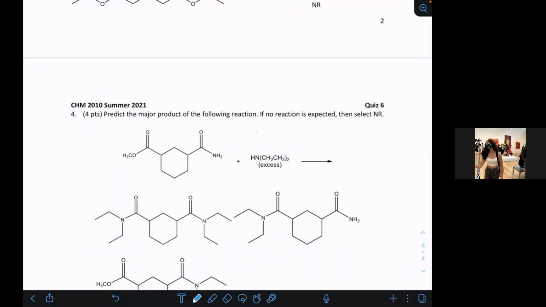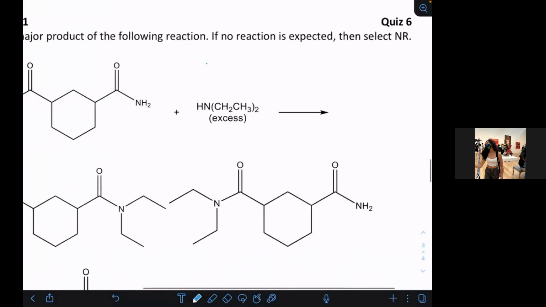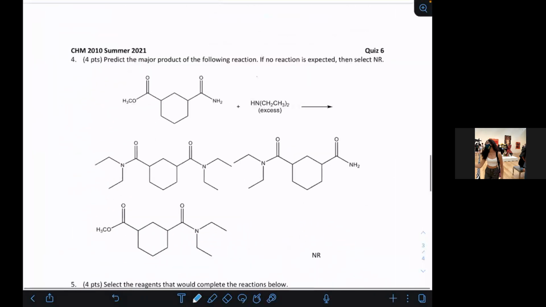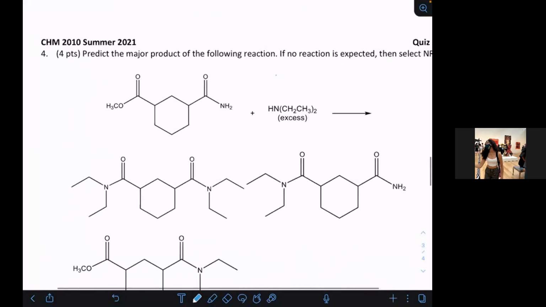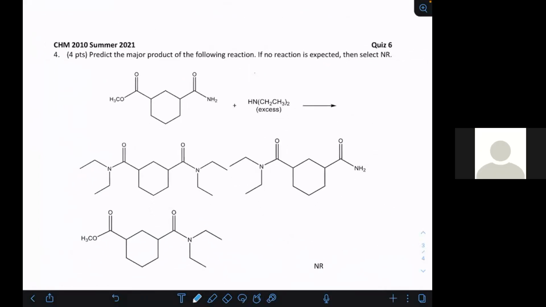This one, I nearly thought was going to be one of the acid-base reactions, but I'm not sure. That's an amine reaction with an ester and an amide. Cool, we don't have to do that.